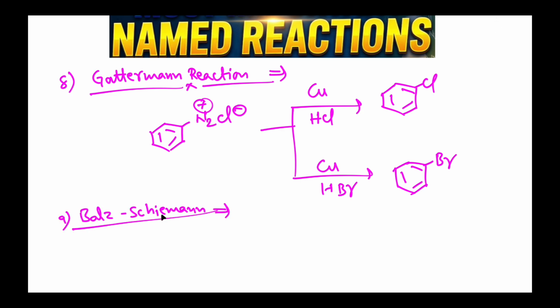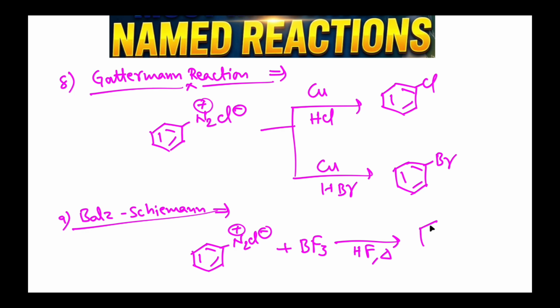The next reaction is the Balz-Schiemann reaction. In the Balz-Schiemann reaction, this benzene diazonium chloride is treated with BF3, a Lewis acid, in the presence of HF. By heating, the fluoride ion replaces the nitrogen molecule. We can get fluorobenzene.